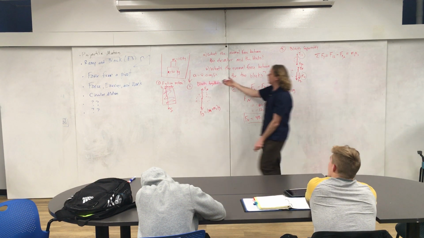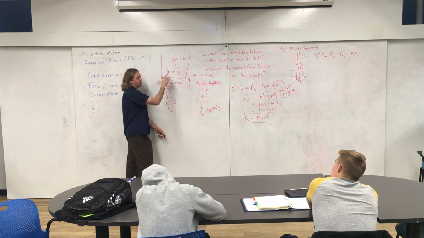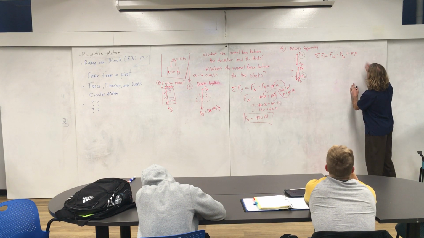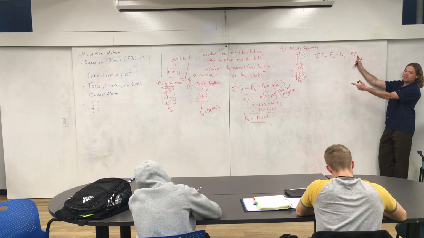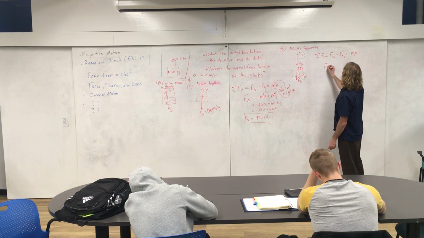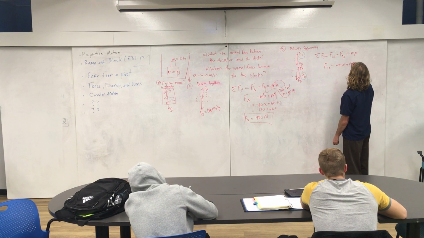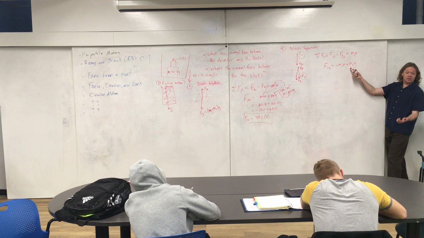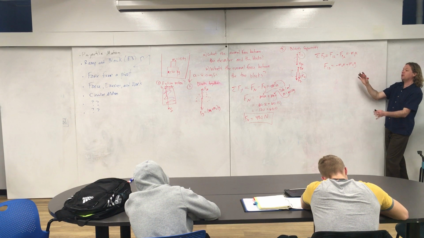But of course the entire elevator is moving at 2 meters per second squared, the whole thing, blocks and elevator. So this has the same acceleration. The one on the right is minus M2A, because it's going downwards, like the minus sign means, with the same acceleration as the other. And now it's just a matter of rearranging to get F12: F12 equals M2 times A plus M2 times G. Notice there's no evidence of any other M's in this equation at all, because it all came from Newton's second law on only one object.